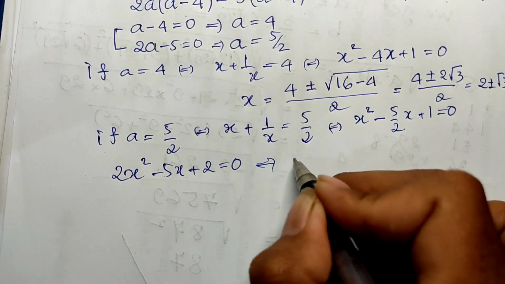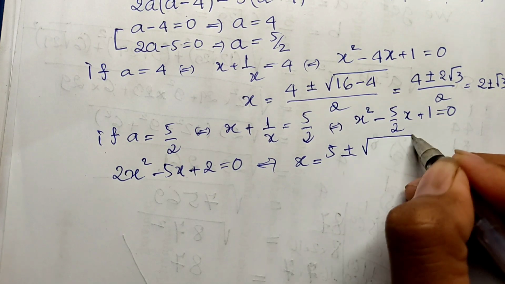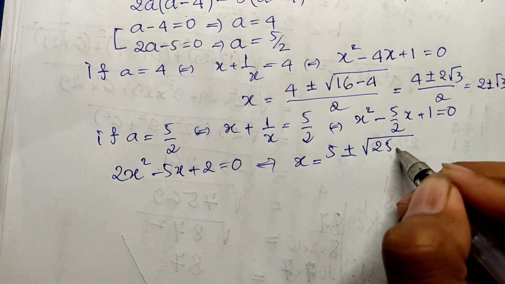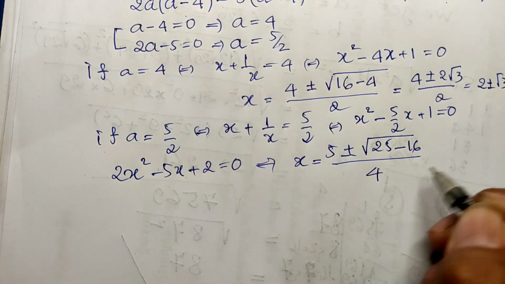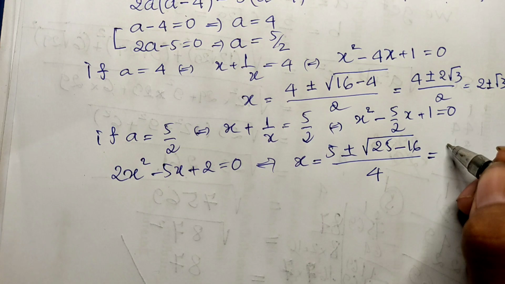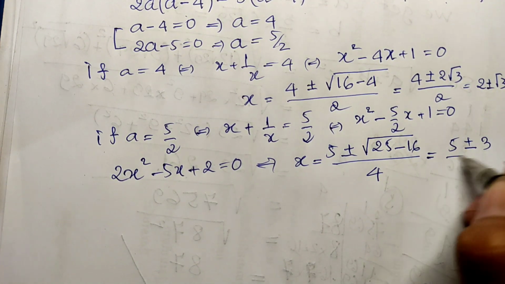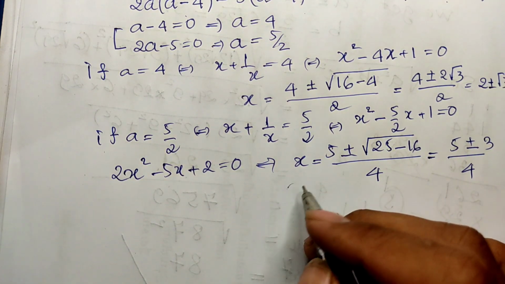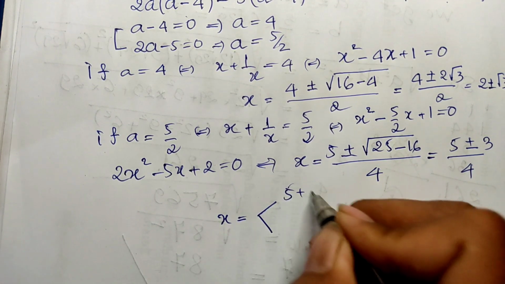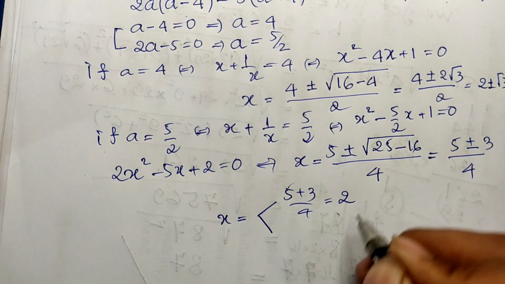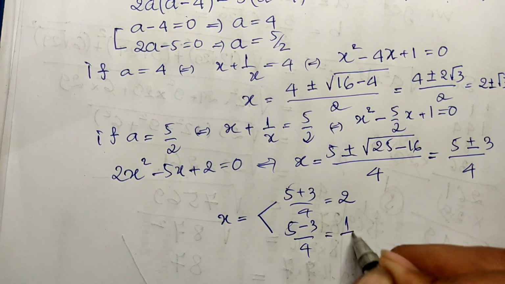And we get h equals 5 plus or minus square root of 25 minus 16, divided by 4, which equals 5 plus or minus 3 divided by 4. So h equals 5 plus 3 divided by 4, which equals 2, and 5 minus 3 divided by 4, which equals 1 over 2.